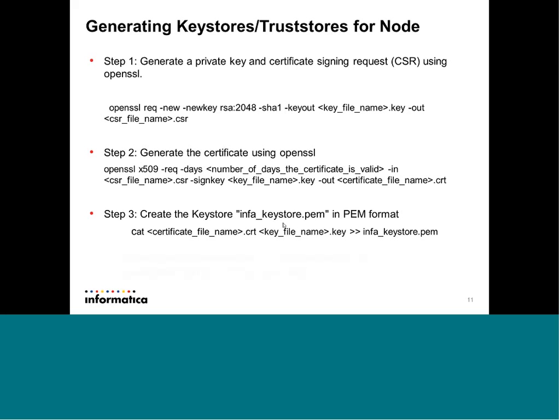When you configure PowerCenter for SSL, for the domain and nodes, the key store should be info_keystore.pem and info_keystore.jks, and the trust store file names should be info_truststore.pem and info_truststore.jks. We expect these standard names, and the key store and trust store files for the nodes should be created only with these names.